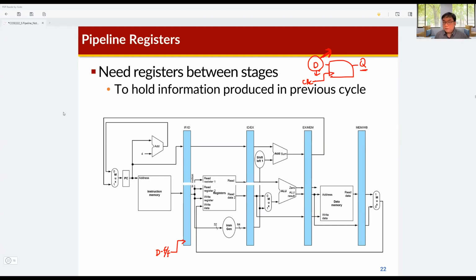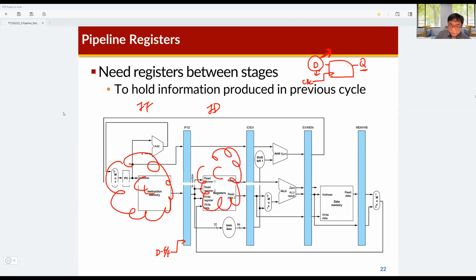So how can we build the pipeline processor between two adjacent operation steps like instruction fetch and instruction decoding? We can define the combinational logic for instruction fetch, that means the data path elements for the instruction fetch step, and this is the combinational logic for the instruction decoding step.